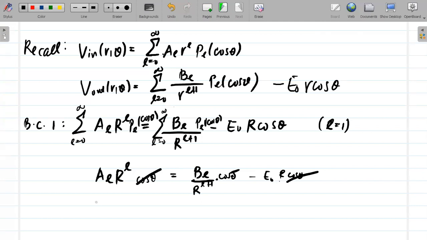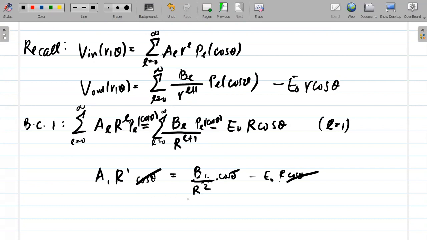Tapos, we can write, B1 na pala to. Sorry. So, this is 1. This is 1. So, A1 R to the 1 cos theta, that is B1 over R squared cos theta.